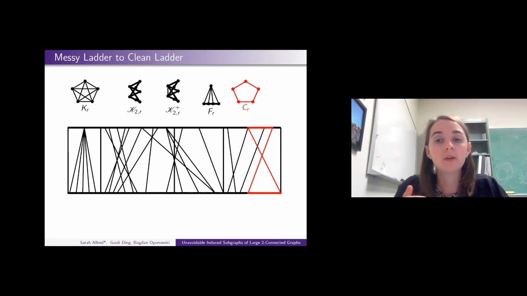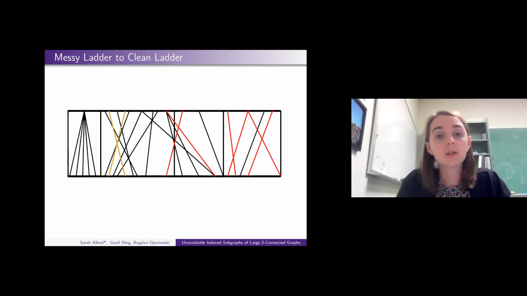All right, so if we see an induced cycle like this of our target order, then we have found a clean ladder of at least our target order, and we're good. All right, so that's our first run at cleaning it up: we are limiting the size of the fans and limiting the size of induced cycles. All right, everybody good?